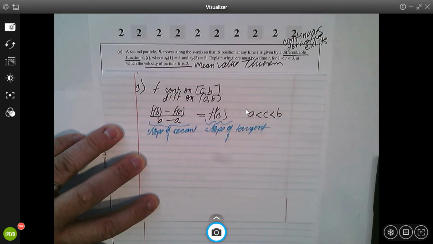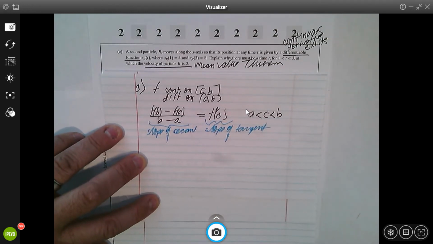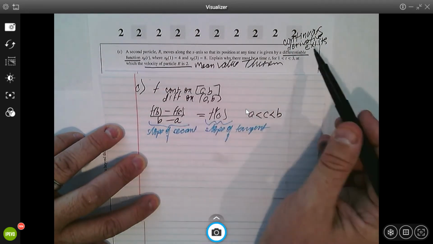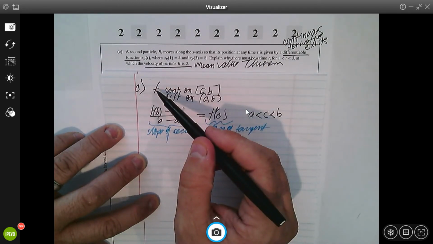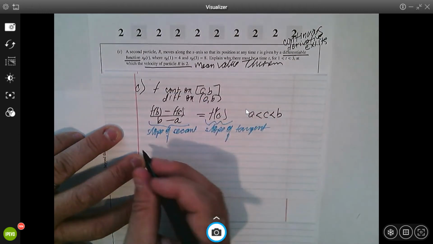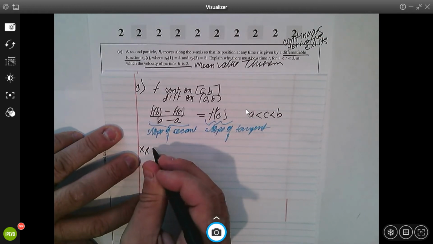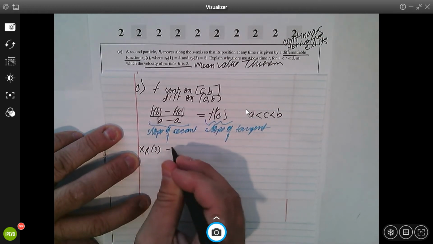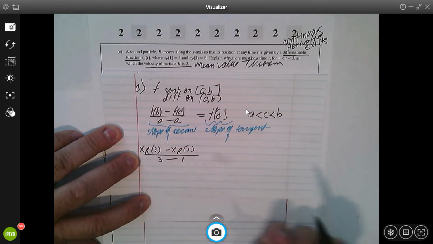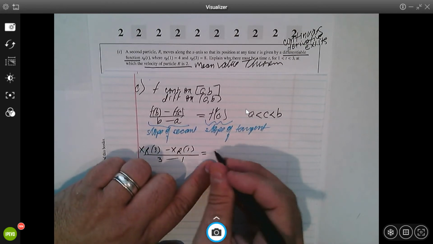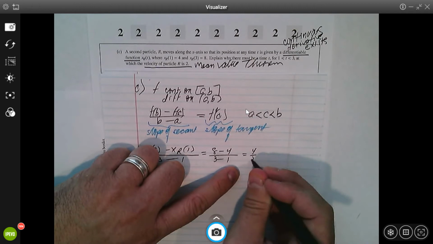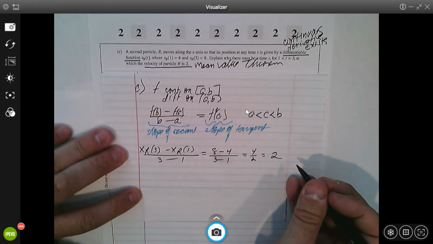Right, that was just a quick reminder of the MVT. Well, what do we know? We have a function x sub r of t which is differentiable, which means derivative exists and we have continuity. If we look at the position function at time 3 minus the value of the position function at time 1 divided by 3 minus 1, we're going to get 8 minus 4 over 3 minus 1, that's 4 over 2, which is 2.